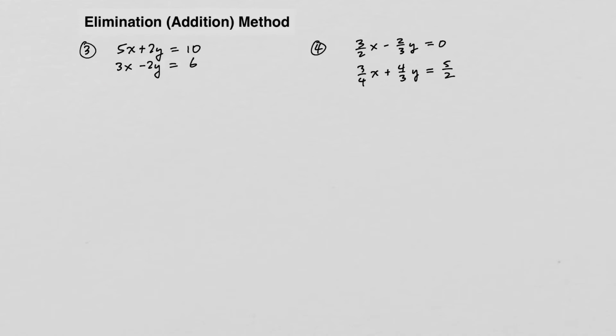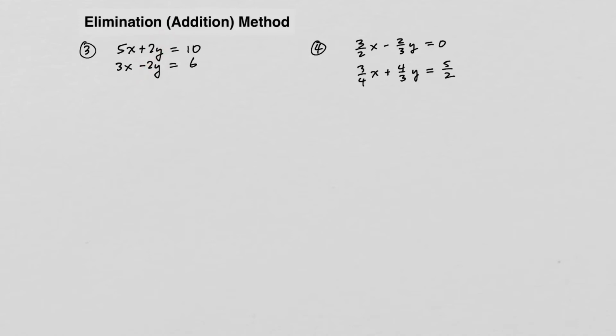They are both in standard form, which is actually really important. And notice that the x's line up, the y's line up, the equal signs line up, and the numbers line up. And another thing you might notice is that positive 2y and negative 2y are opposites.